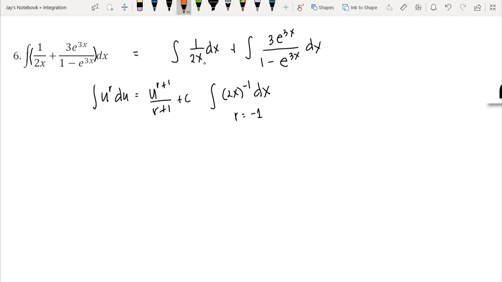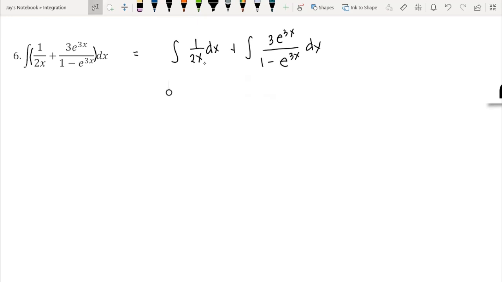But take note, we cannot use r as negative 1, correct? We cannot set r as negative 1. So therefore, this should not be done, okay? So it violates the rule. It violates power rule. So in this case, the only formula that we could use is the integration of du over u that is equal to the natural logarithm of u plus c.